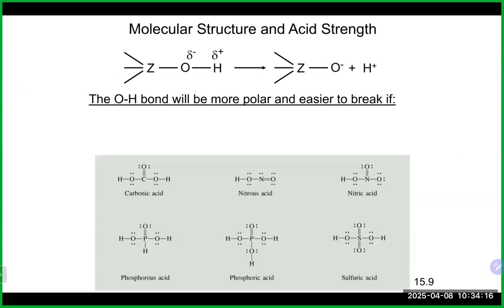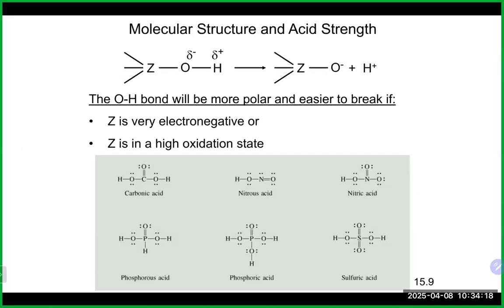Now, when we do have oxygen in acids and we want to compare acid strength, these are sometimes referred to as oxyacids because they have oxygen in them. Most oxyacids have this OH bond, and it's that OH bond that gets broken, and that is the hydrogen that comes off and makes it an acid.